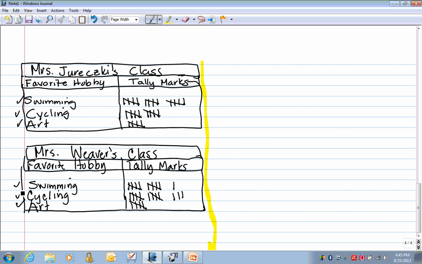On the right side of our 2-column notes, we are now going to create a bar graph. So we are going to first draw Mrs. Jareski's class.